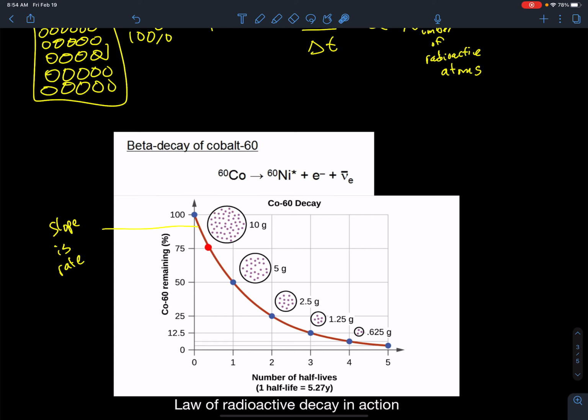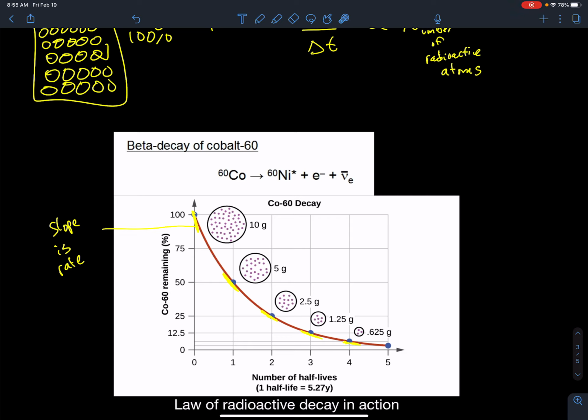So as this graph goes down, I can say that the slope here is going to be half of what the slope is over there. So the slope over here is half, the rate is half, and the rate is half because now I have half the amount of radioactive atoms. And then the slope here is half of what the slope is there because I have half the number of radioactive atoms. And so on and so on.